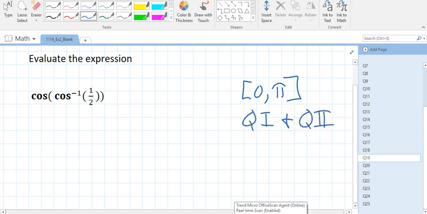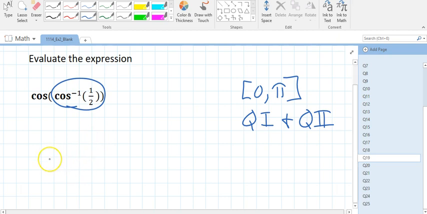Okay, but before we do that, again, is 1/2 in the domain of cosine? Yes, 1/2 is definitely in the domain. So that means we can definitely do this. So when is cosine 1/2? Pi over 3. And again, there's another one that's out there, but it will be beyond the range.